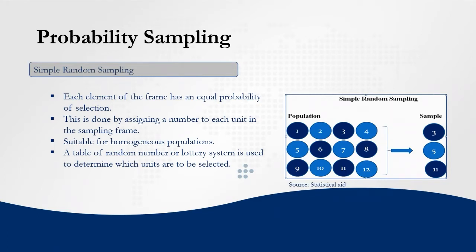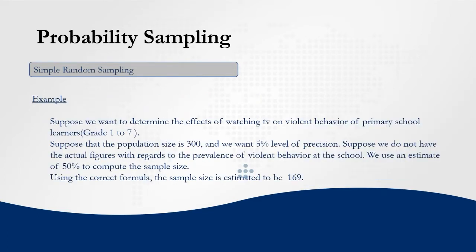So we're going to go to the exercise, which is an Excel exercise. We have a scenario here. Suppose you want to determine the effects of watching TV on violent behavior of primary school learners. So you want to see, is there a relationship between the programs that the kids watch and violent behavior at primary school?